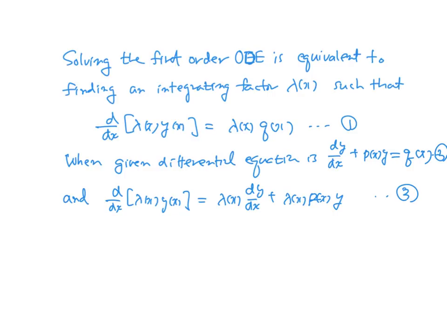So finding the solution of a first order ODE is actually finding an integrating factor lambda x such that 1 and 3 are satisfied. So 1 and 3 are satisfied by lambda. Simple.